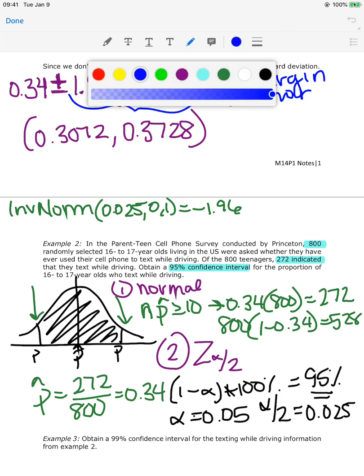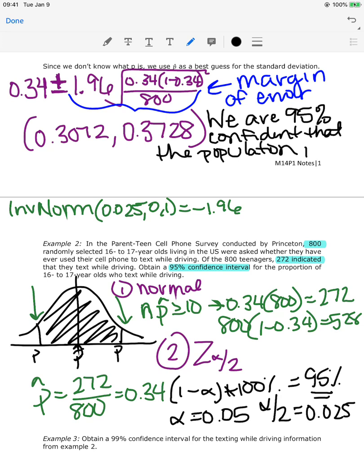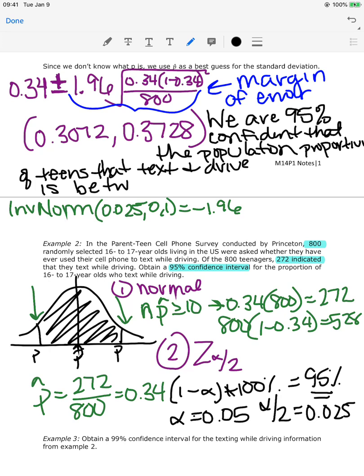So it's an estimate for the population proportion. So we are 95% confident that the population proportion of teens that text and drive is between 0.3072 and 0.3728.